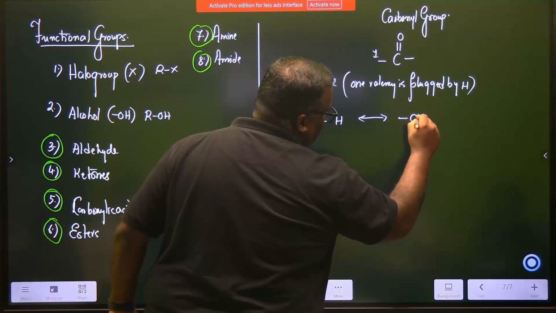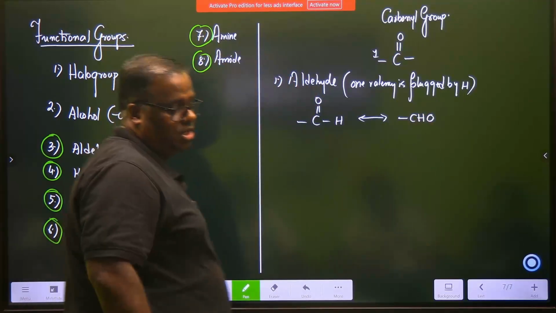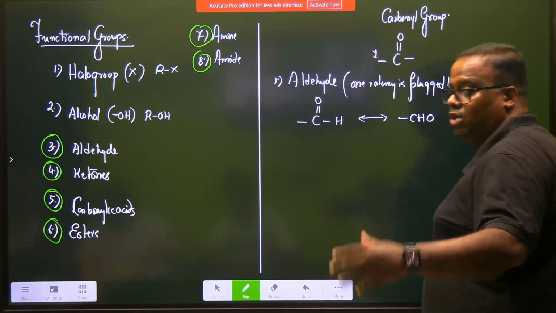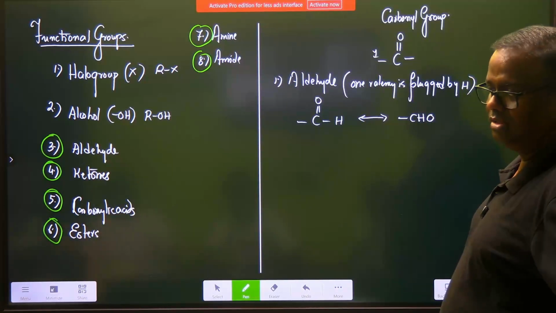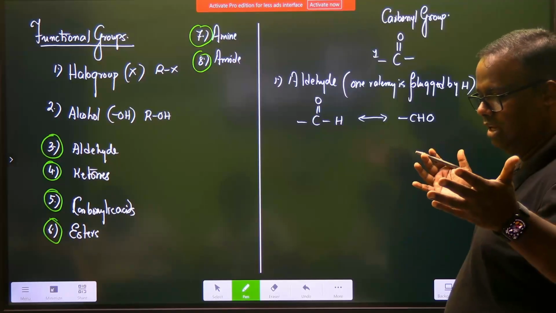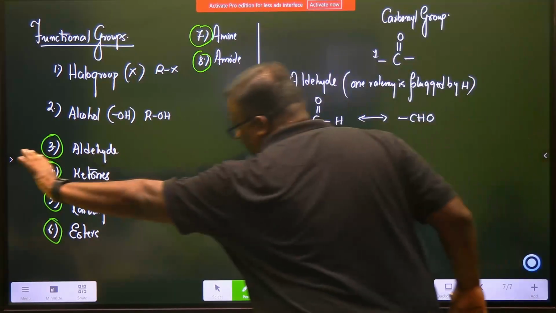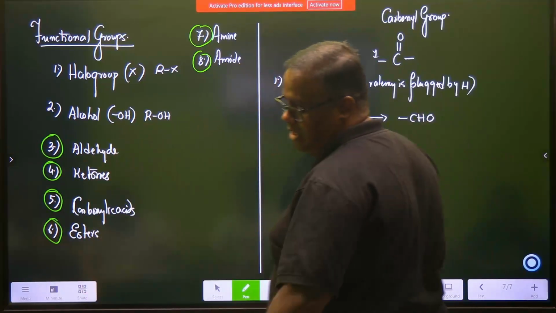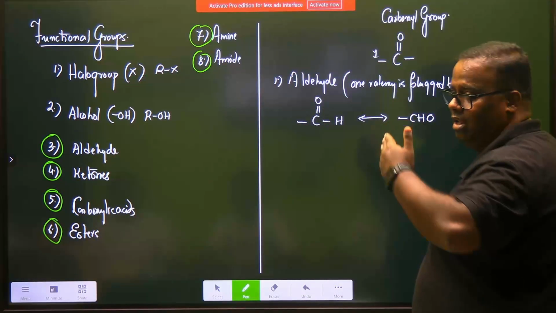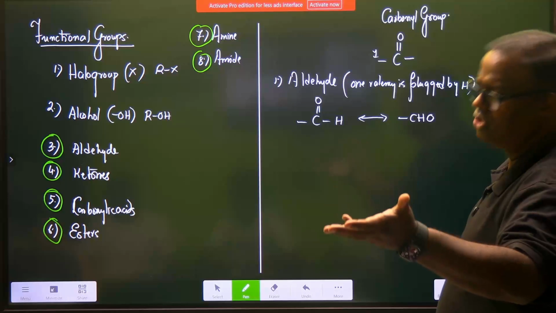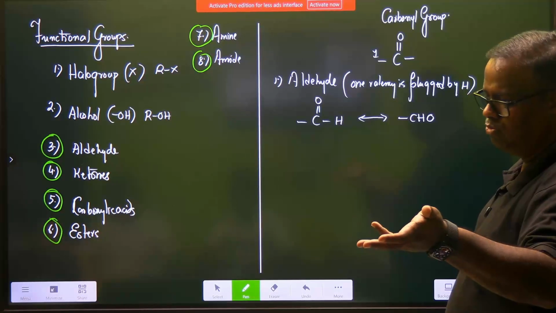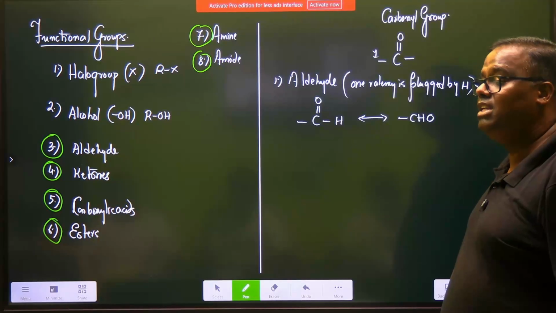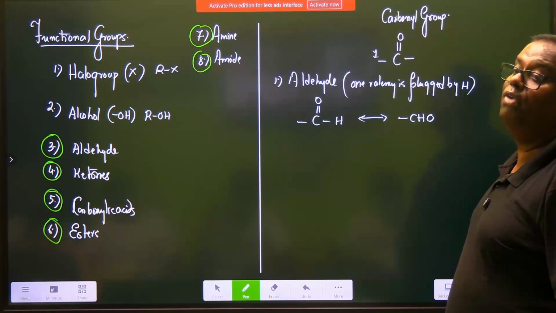It looks like dash CHO. So my hydrocarbon means I will have an alkyl chain. I hope you are understanding what is alkyl. Hydrocarbon is an alkane. From that alkane, take out one hydrogen, so it forms an alkyl. Simplest alkyl is CH3 or C2H5. But no one stops us from studying something like C17H35.